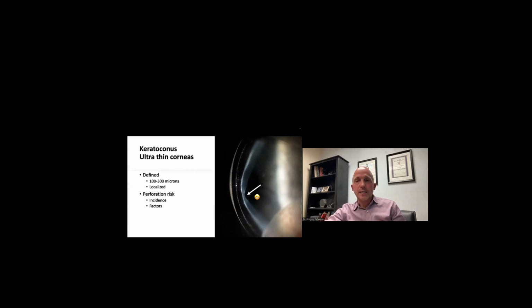I mean, certainly even when I see this, I'm still a little bit concerned, because I think the fear is perforation of the cornea, and maybe if the patient wears a scleral contact lens and there's some suction pointed off, is that going to be what causes the cornea to perf?